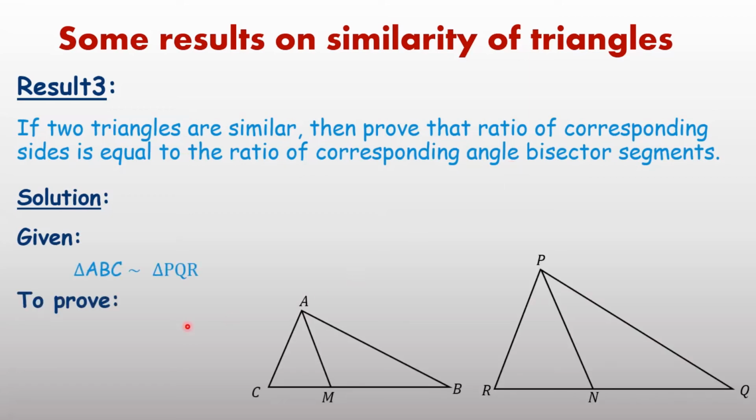Given part is same. To prove, ratio of corresponding sides is same as ratio of angle bisector, means AM upon PN. Here AM and PN are angle bisectors. Angle bisector means AM divides this angle A in two equal parts. And here PN divides angle P in two equal parts. Therefore, it is known as angle bisector.